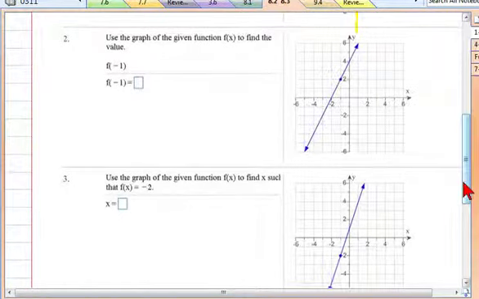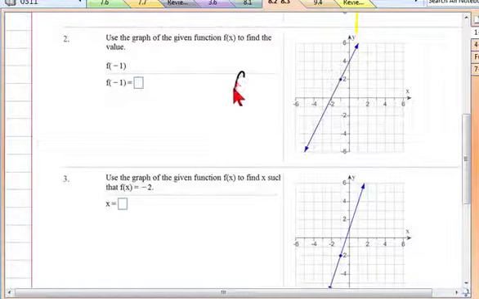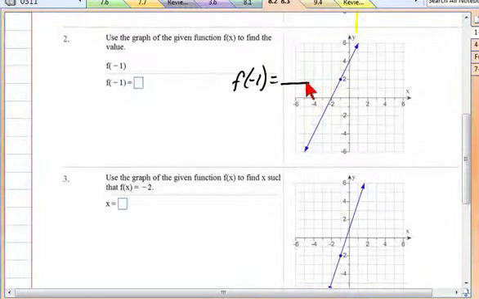All right, number 2. Use the graph of the given function to find a value. It's telling you f of negative 1 is something. Well, what were you given? You were given x. You're looking for the y.